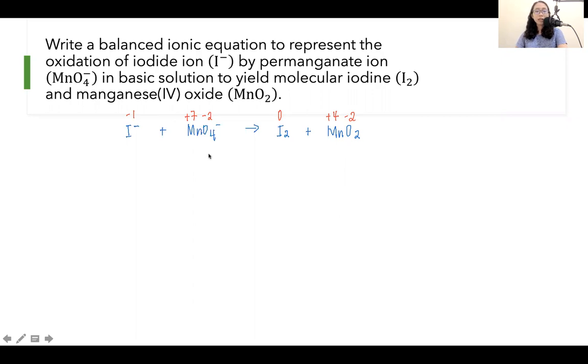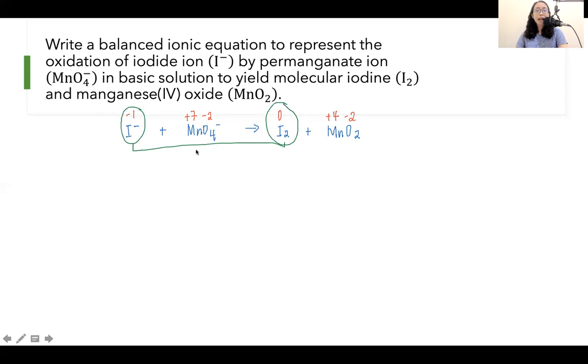Once you have assigned oxidation numbers, determine which element has an increase in its oxidation number and which element has a decrease in its oxidation number. So we see here iodine from -1 to 0.